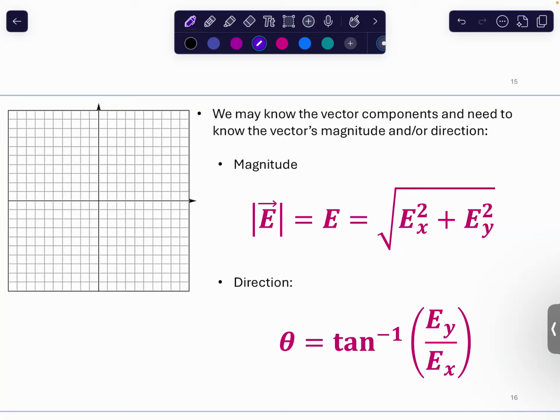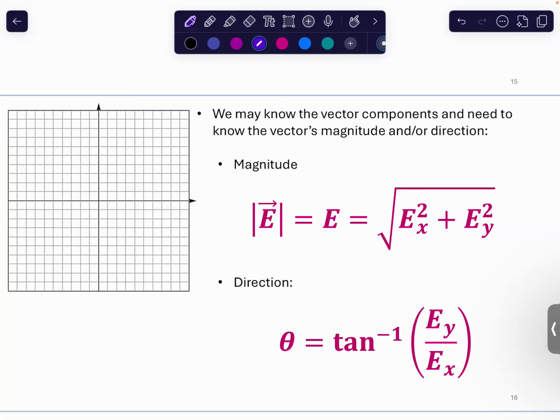The direction of a vector is going to be this inverse tangent of y over x. Make sure on your calculator you're using the tangent to the -1 button. Please don't use cotangent, which is 1/tangent.